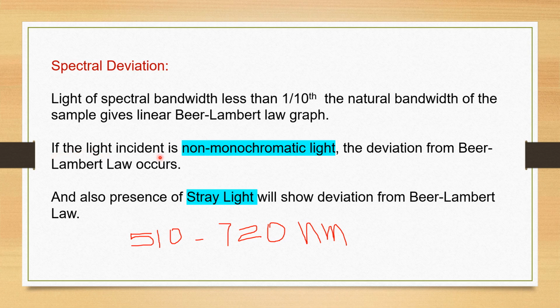So if the light incident is non-monochromatic light, the deviation from Beer-Lambert law occurs. And also presence of stray light will show deviation from Beer-Lambert law. Stray light arises due to scattering and refraction inside the monochromator, which is due to imperfections on the optical surfaces.